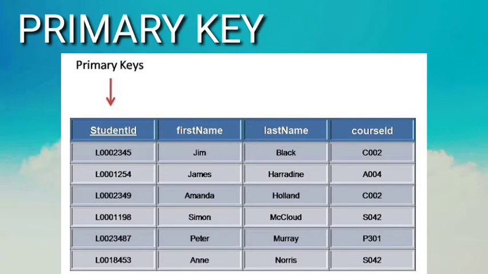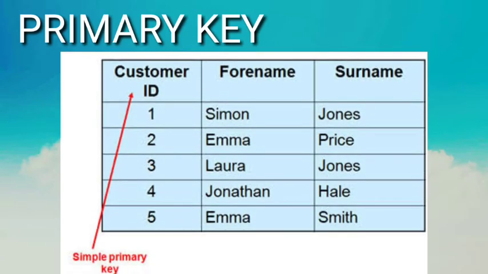Course ID cannot be made a primary key because the course ID is repeated, and the name can also be repeated. Let's see another example, which is customer ID, forename, surname. You can see here that customer ID contains unique values which uniquely identify the particular row for a particular person. So that is why it is made a primary key.